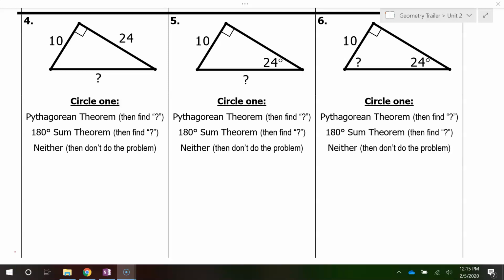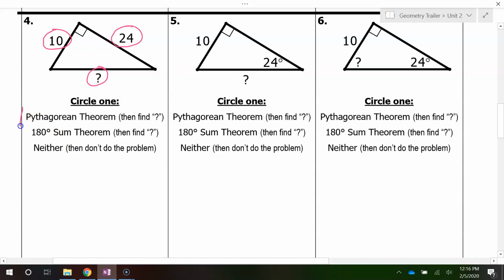How about problem number 4? Well, we can use the Pythagorean Theorem to solve problem number 4 as soon as I get my pen working. The Pythagorean Theorem is good when we are dealing with only the sides. No angles, just sides. And that's what we have here.